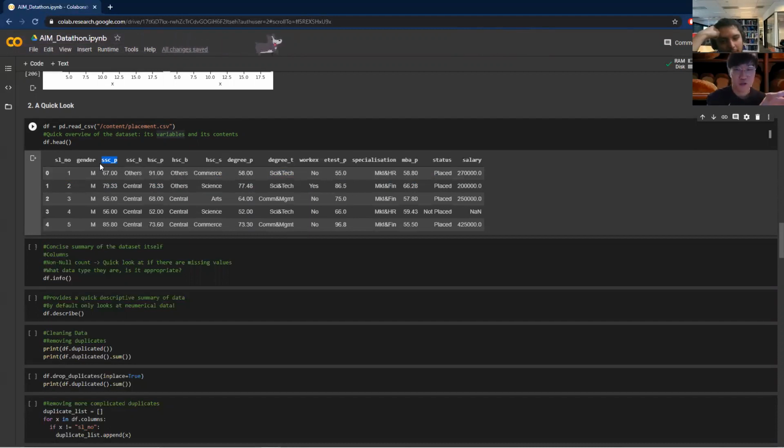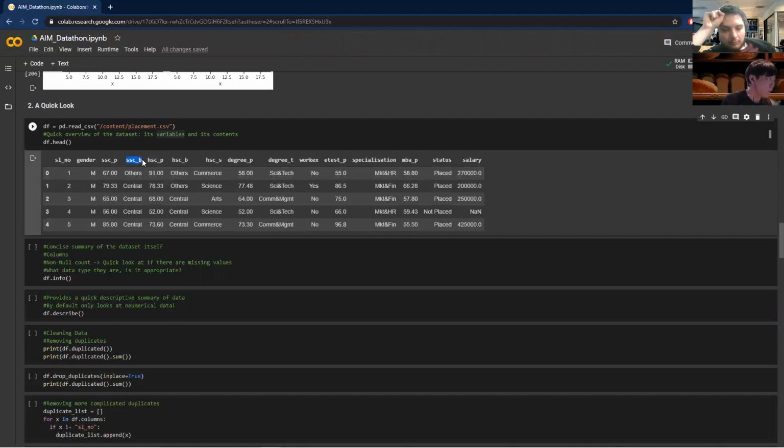So think of this as junior high. This is the average exam percentage out of 100 that these people received during their junior high school years. And then this is the average percentage they received during their high school years.